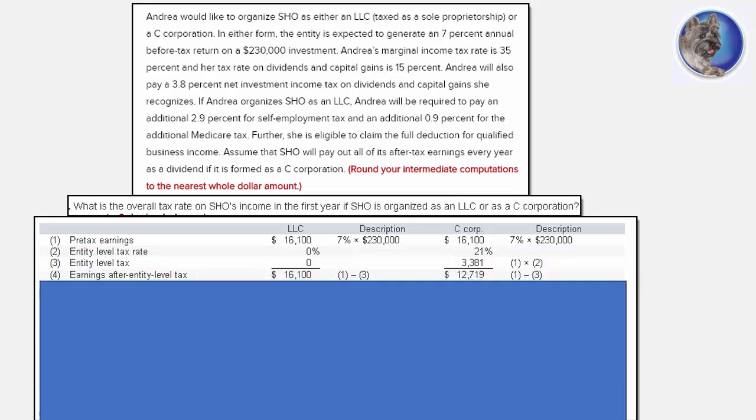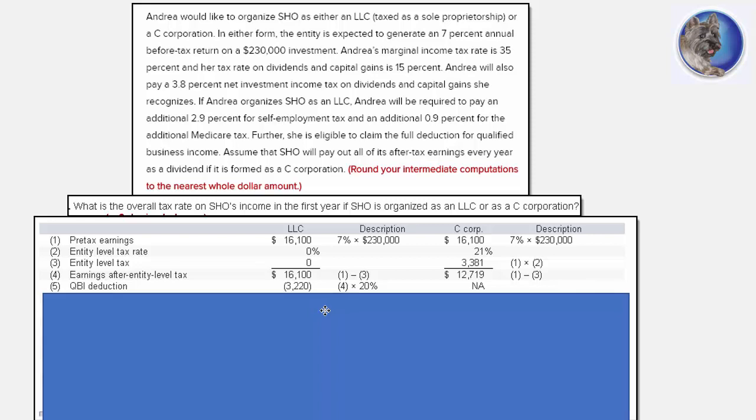Now, the next set of calculations deal with the entity level tax rate, which is 21%, which would take effect for a C corporation. Of course, there wouldn't be one for an LLC. So if we take the $16,100 pre-tax earnings times the 21%, we come up with $3,381. And now we see that earnings after the entity tax level drops to $12,719 for the C Corp. And of course, there is none for the LLC, so we're still at $16,100.